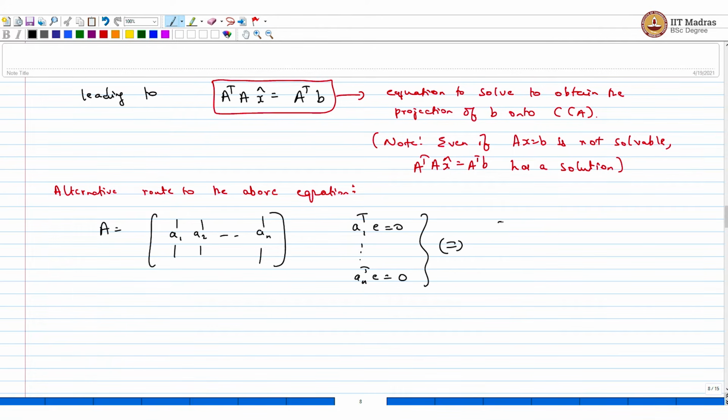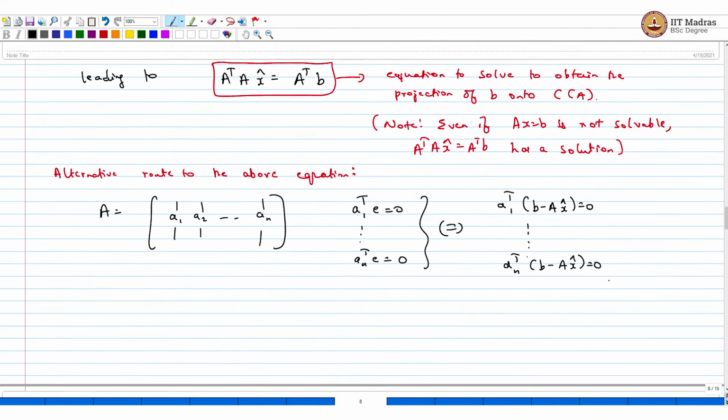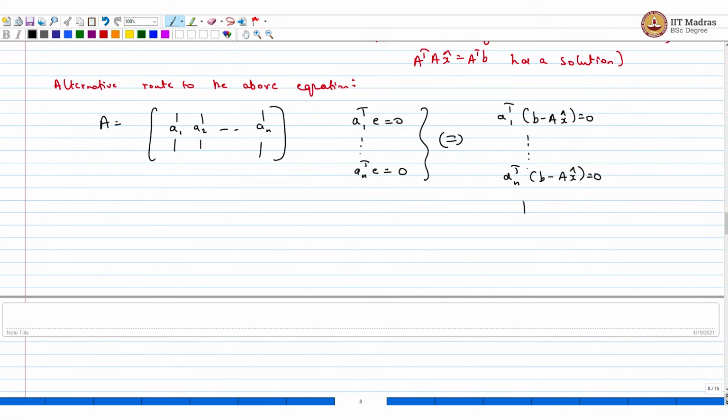This is equivalent to writing a1 transpose (b minus A x hat) equals 0, dot dot dot, an transpose (b minus A x hat) equals 0. Now this is equivalent to writing it in simple notation, A transpose (b minus A x hat) equals 0.